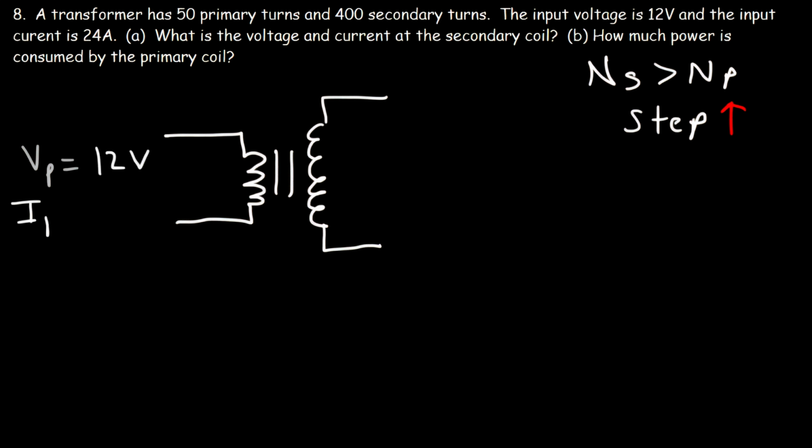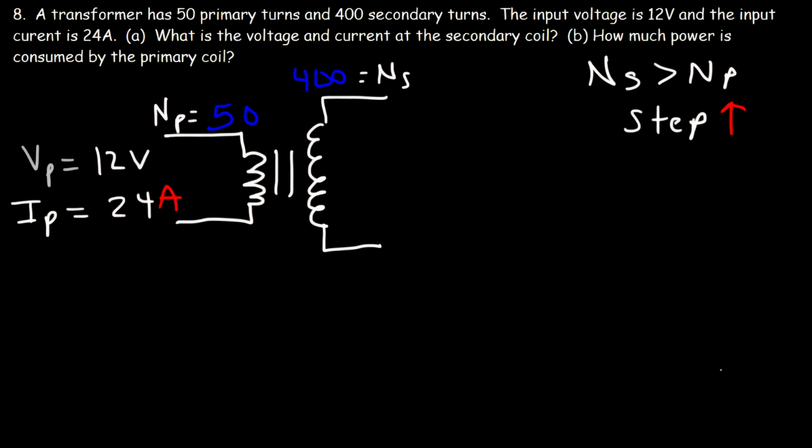The input current is 24 amps, so that's Ip. And there's 50 turns in the primary coil and 400 turns in the secondary coil. So NP is 50, NS is 400.